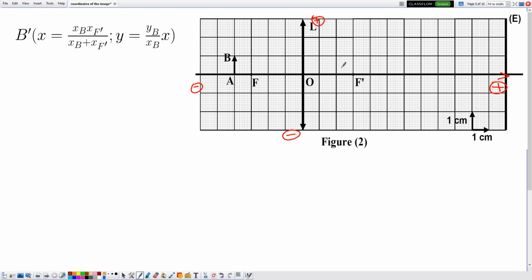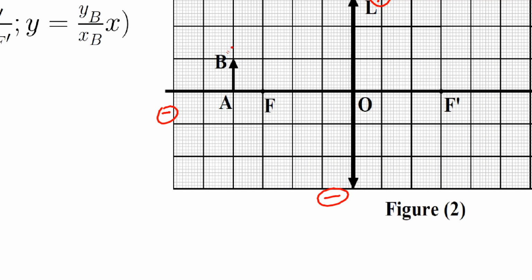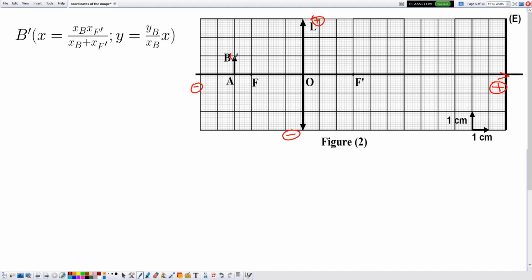So the point B has the coordinates of 1, 2, 3, 4 divisions backward, so -4, and 1 division upward, and the point F' is given by 1, 2, 3 divisions, and 0 because it's on the optical axis.